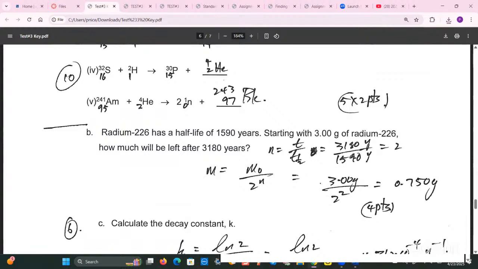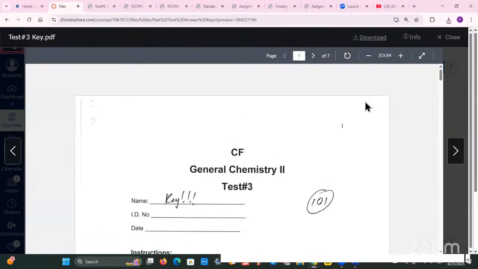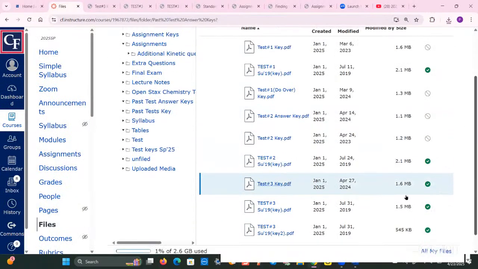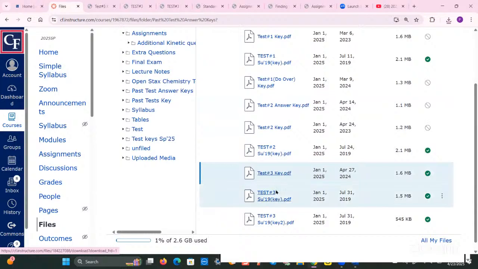So if I were you, I would review these test answer keys, all labeled test number 3, but in this one, just ignore the nuclear chemistry questions for now, because that would be on the final, definitely, all right? So if you review those, as far as I'm concerned, you should be in good shape for the test. And the assignment keys, of course.